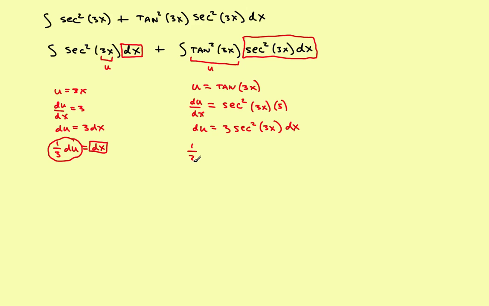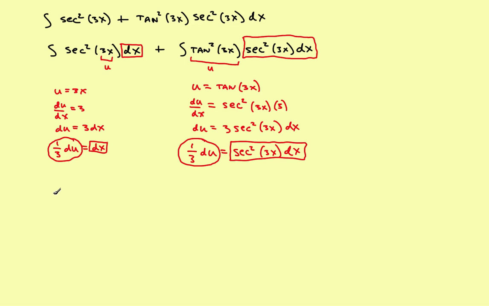And again, you'll get 1/3 du would be equal to the secant squared of 3x dx. Now again, this matches up with this up here. So here is the u substitution for this problem. So again, you just treat them as 2 separate problems.